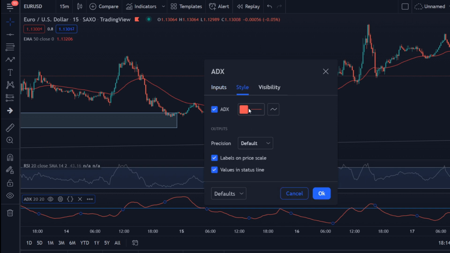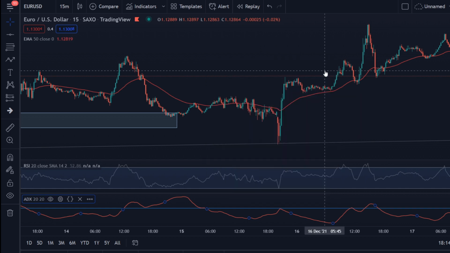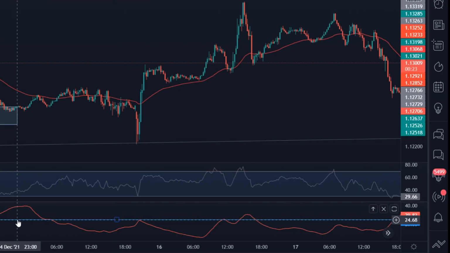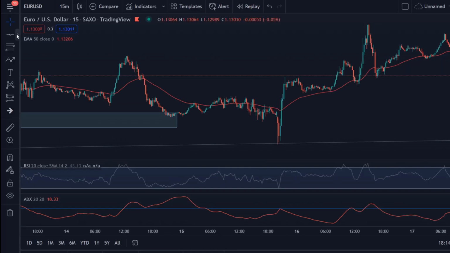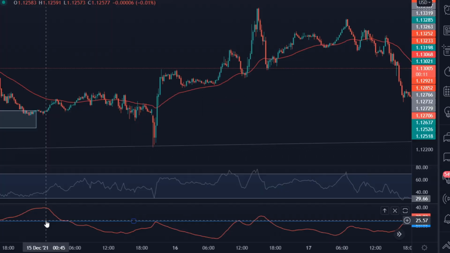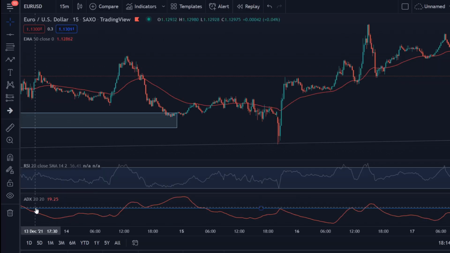And then I'm using a red color, but do not forget to also use a horizontal line over here, and this horizontal line needs to be placed at the 25 level. So we look for the horizontal line, we click on that and then we place it on the 25 level on the ADX indicator.